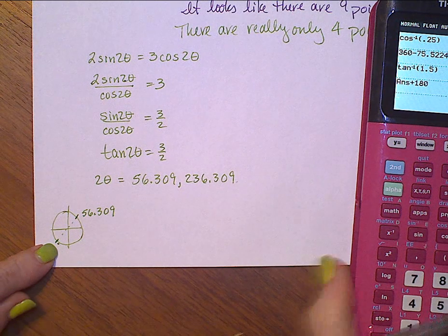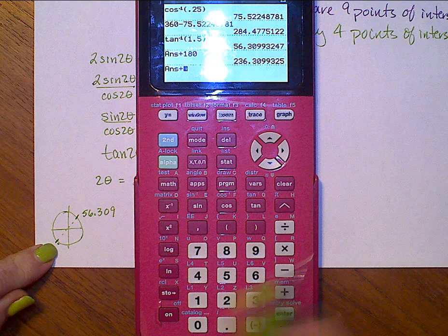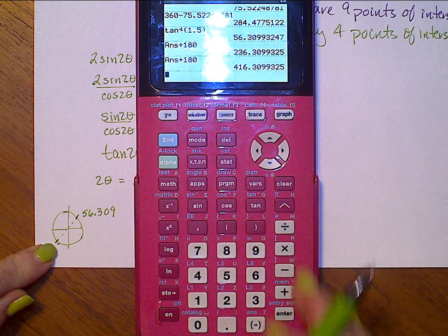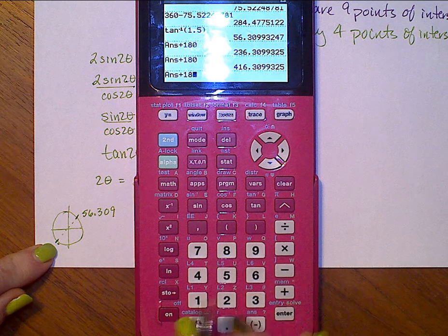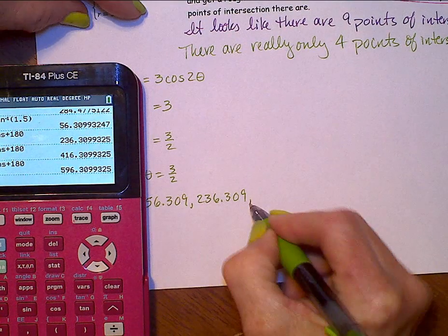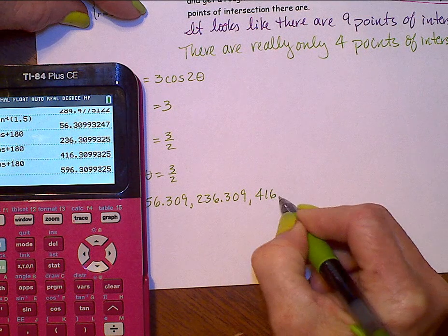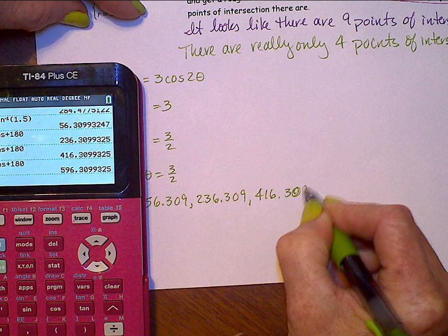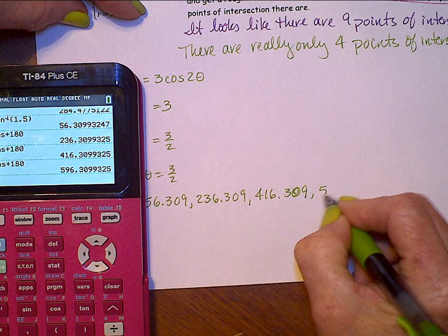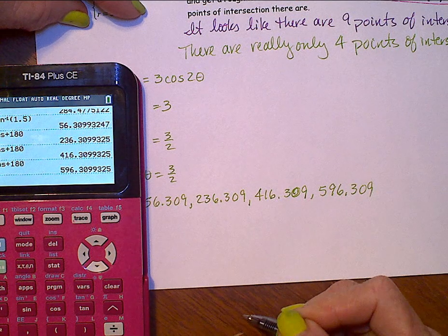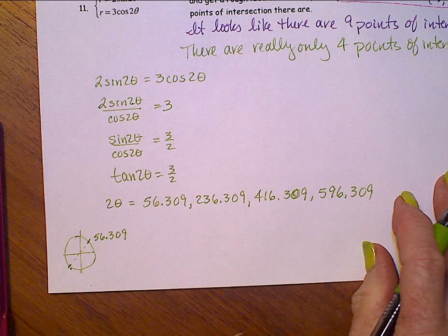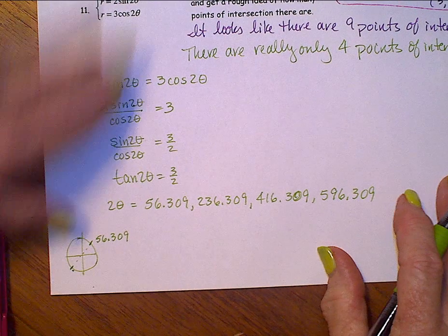So 236.309 plus 180. And I'm going to have to add 180 to get the next one. I might as well do that right now. So we have 236.309, then a 416.309, and a 596.309. All right, those are answers for 2 theta.